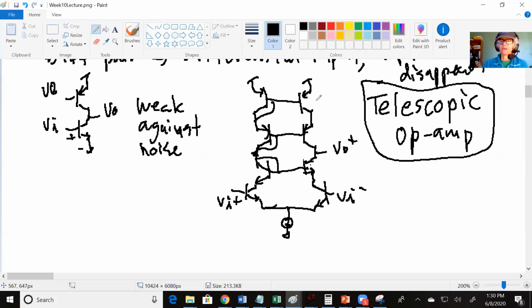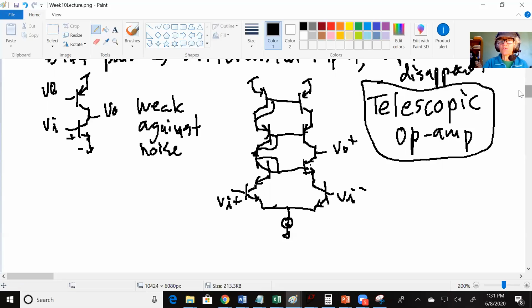The weakness of the telescopic op amp is at least 5 transistors that all have to be in the forward active region. That means your supply voltage probably has to be pretty high to accommodate at least 5 VCE sats plus whatever your output swing is. That's how high the supply voltage has to be.